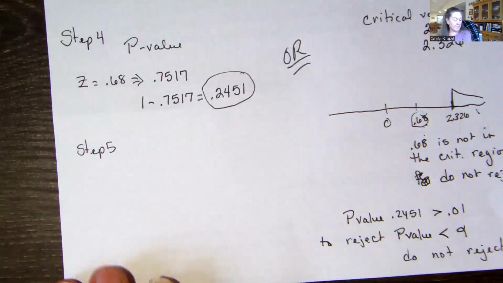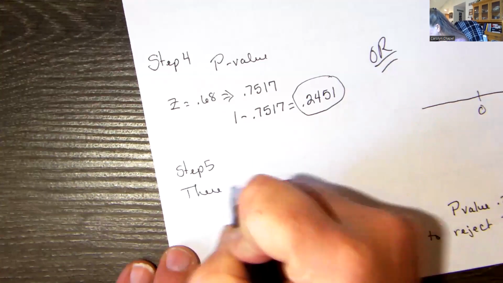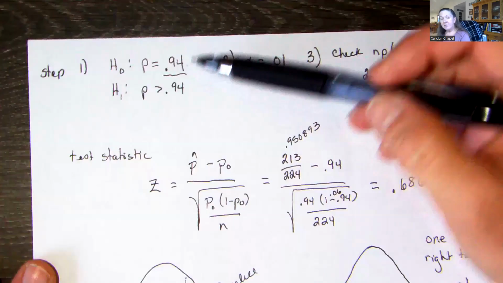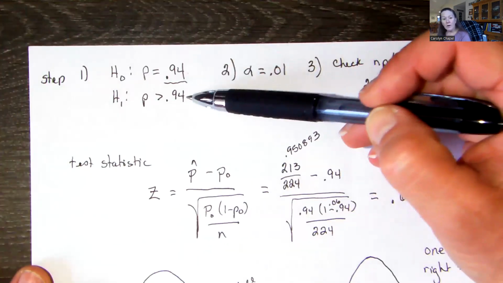Which means our conclusion. If I go back to my original hypotheses, we are not rejecting this, so we aren't really supporting this.